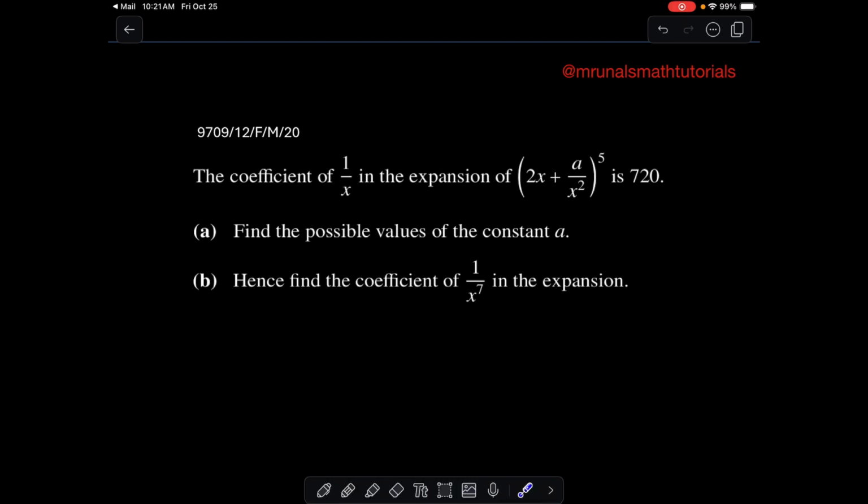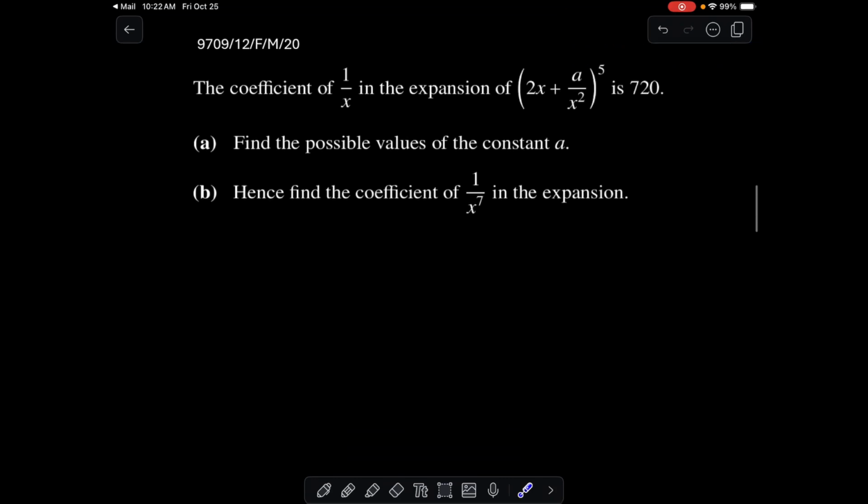Now in my last video, I had explained how you calculate the coefficient of 1 over x, or for that matter any coefficient, using the general formula. Now in this question it's given to us that the coefficient of 1 over x is equal to 720. So the first step is going to be to calculate the coefficient of 1 over x in this expansion.